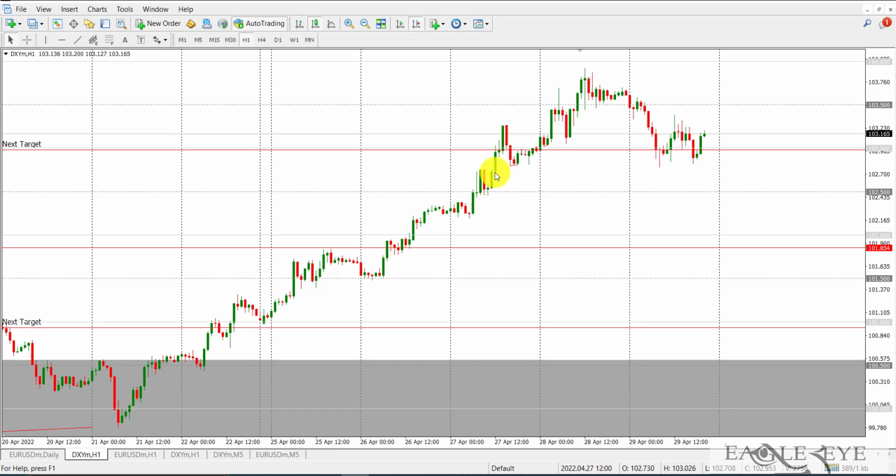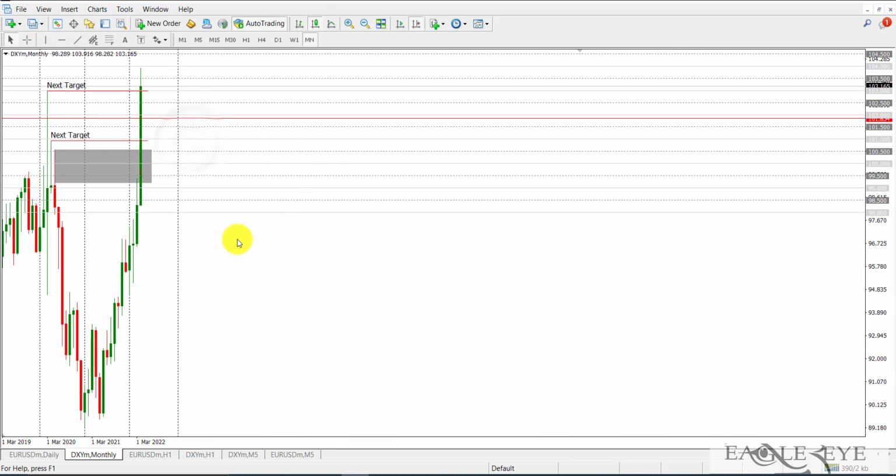the monthly chart data on this particular broker I'm using is limited. Okay, they introduced the dollar index not long ago, I think in March 2019, so there's not much data for this particular broker.